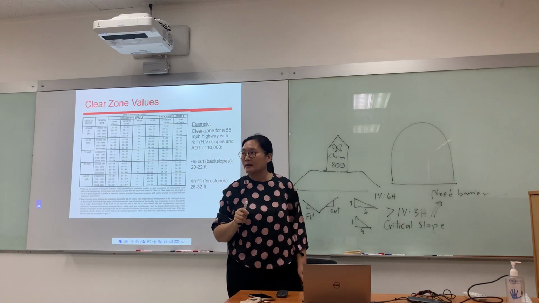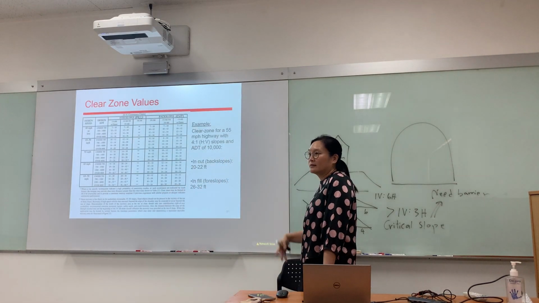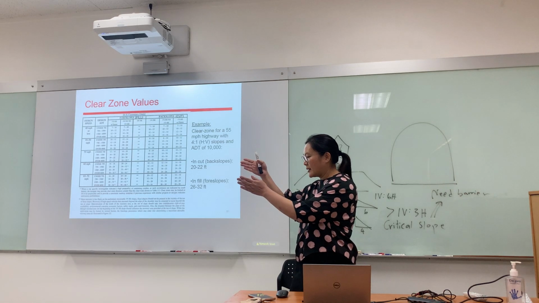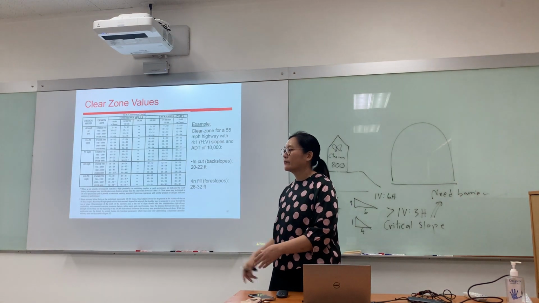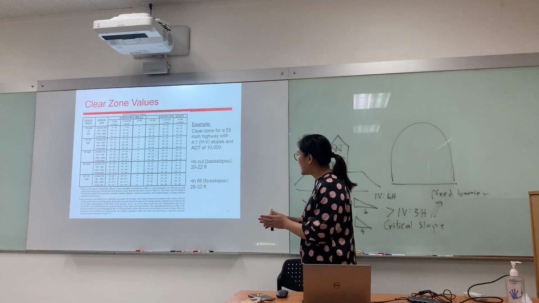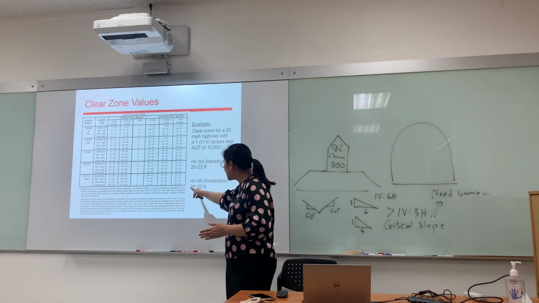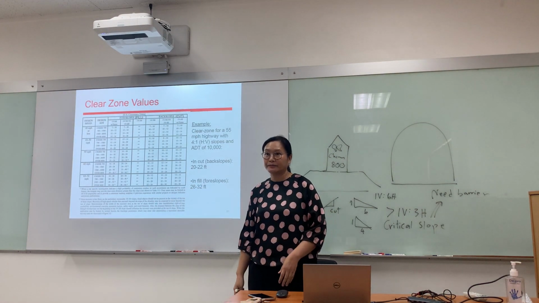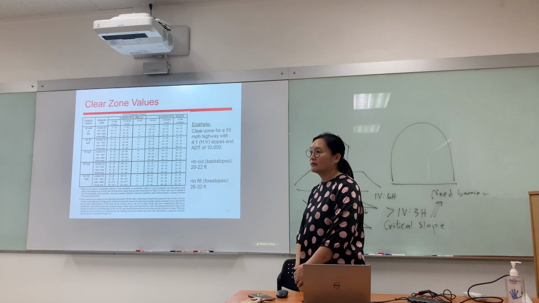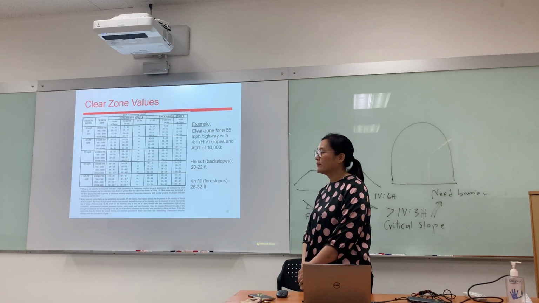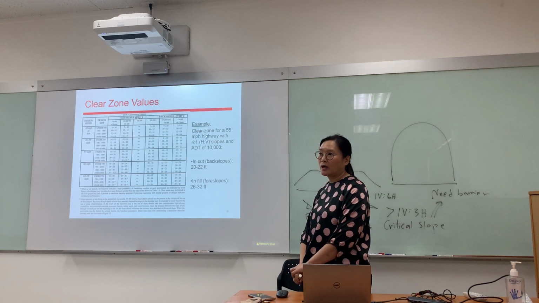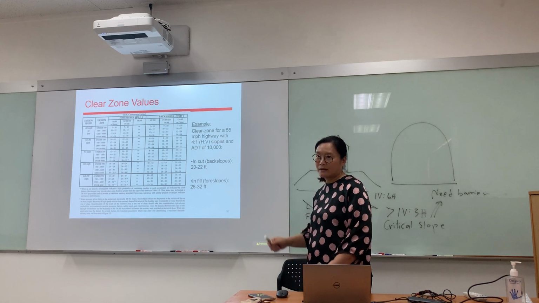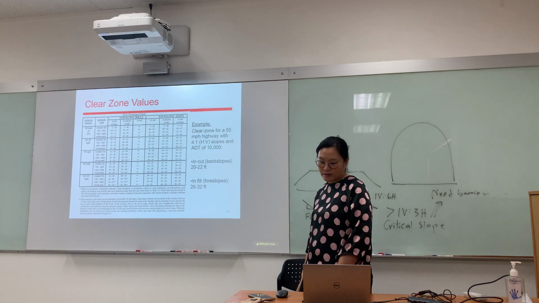Okay, one side only. Count starting from the edge of the travelway. So from the edge of the travelway to here, 26 to 32 feet, that should be clear. It should be clear of any kind of object. Okay. Any question on how to determine the amount of clear zone?